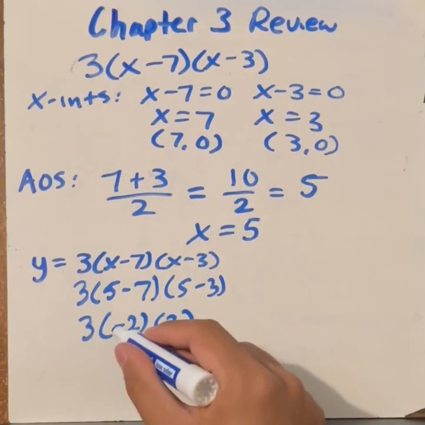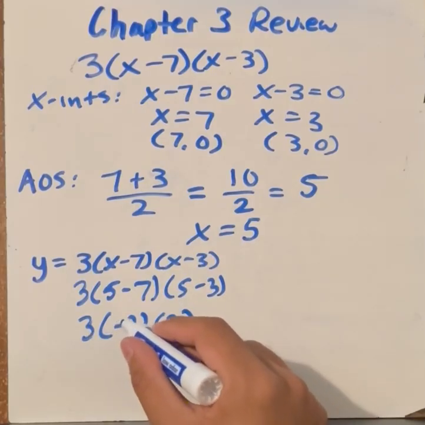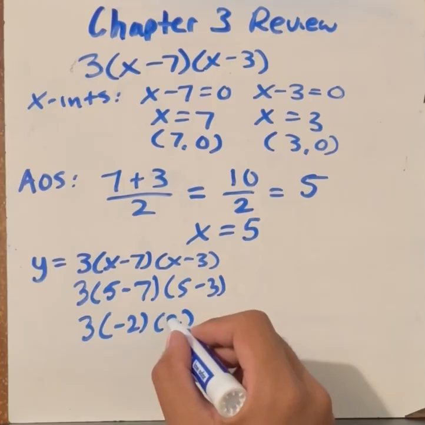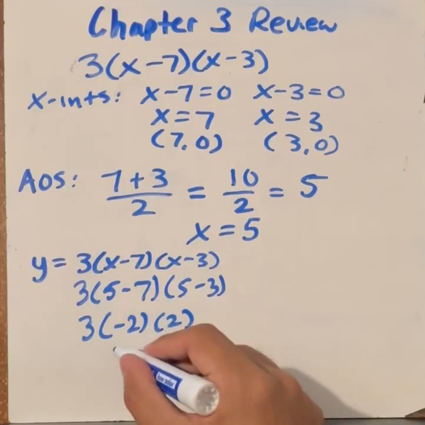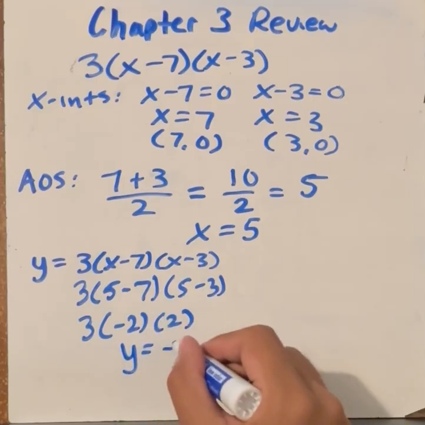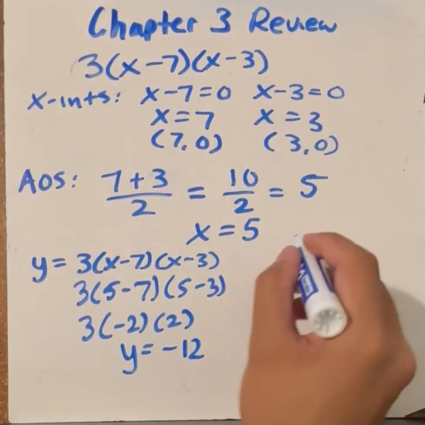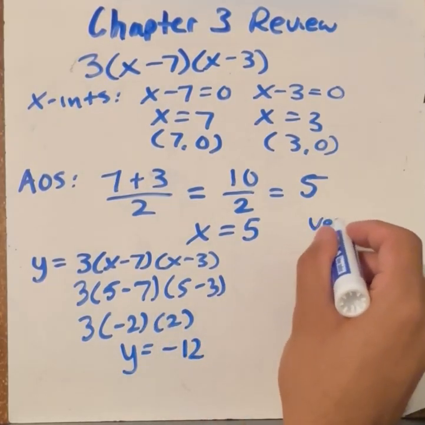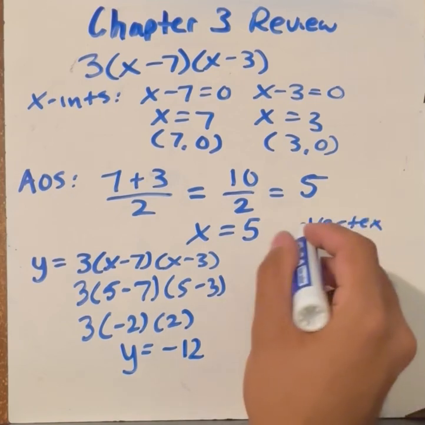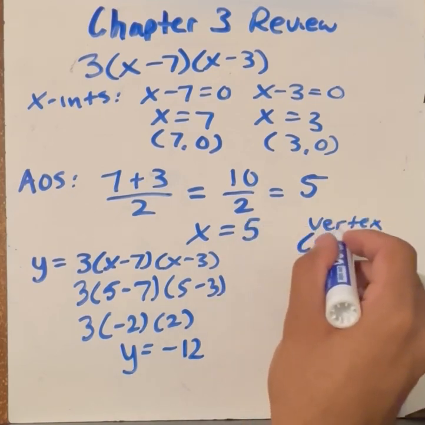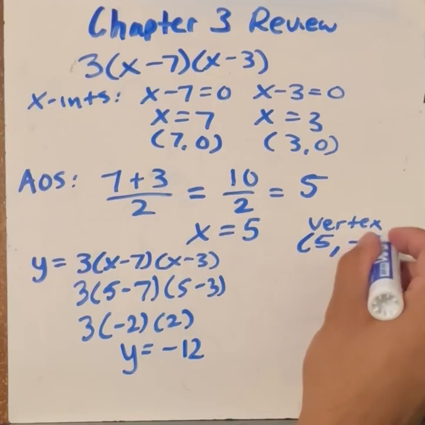Okay, so 3 times negative 2 is negative 6. Negative 6 times 2 is negative 12. So y equals negative 12. Okay, so our vertex is 5 for the x value, negative 12 for the y value.